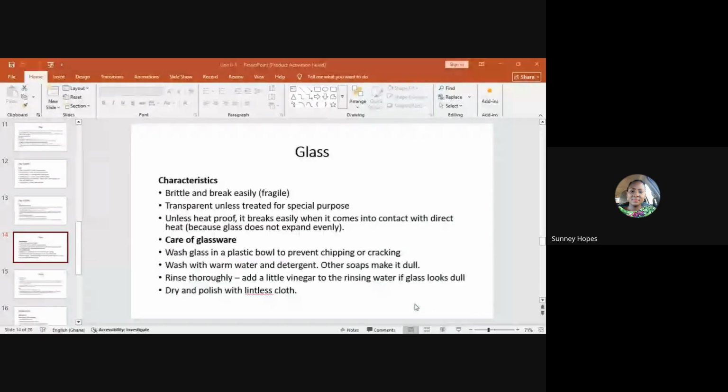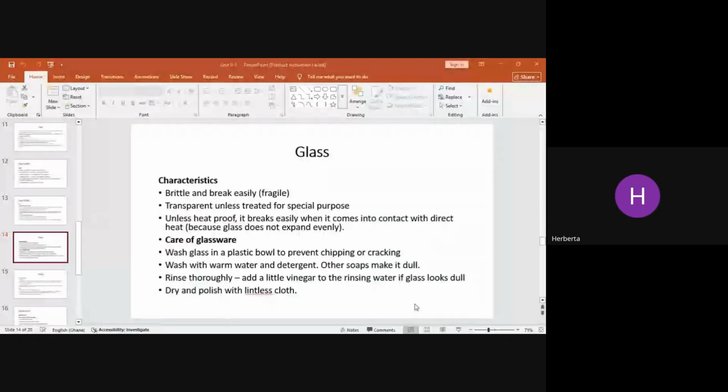After that, I apply my detergent, Omo. Then I wash it thoroughly. Then I rinse it with warm water. Then I leave it for some time so that the water will drain. Normally, I use napkin to clean the edges, the inside and outside of the glass. Thank you.